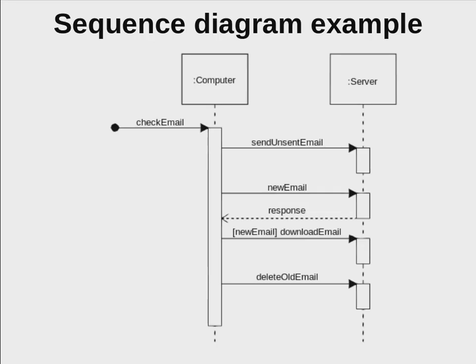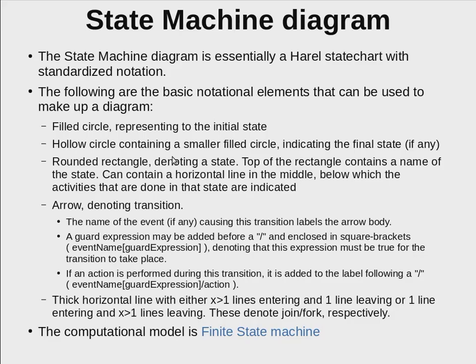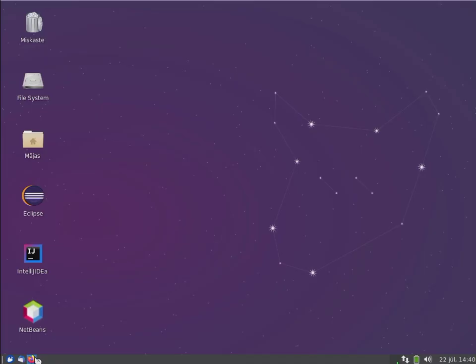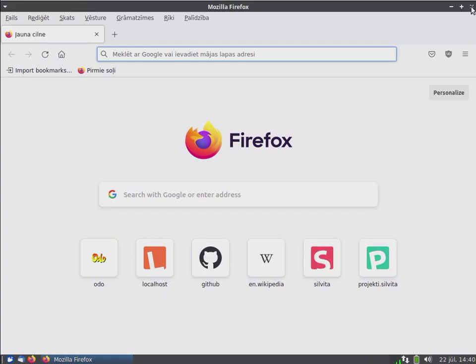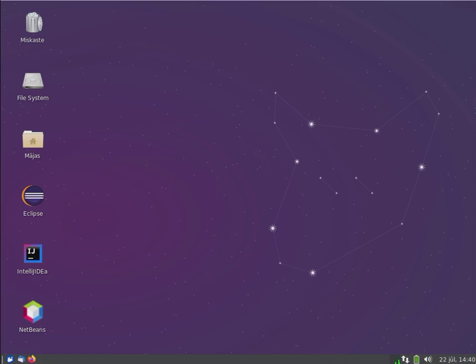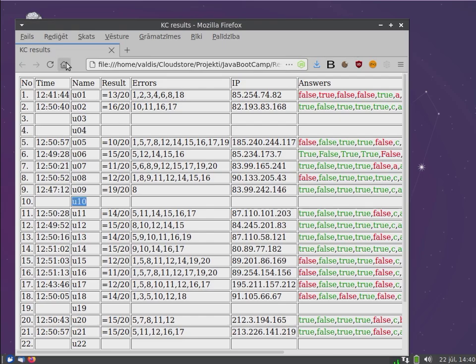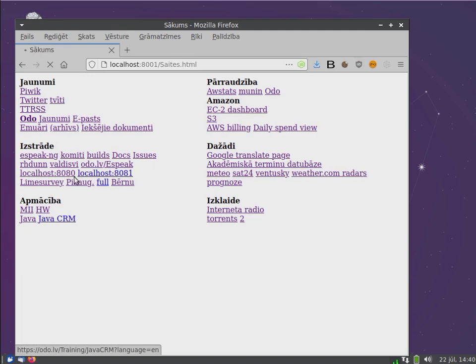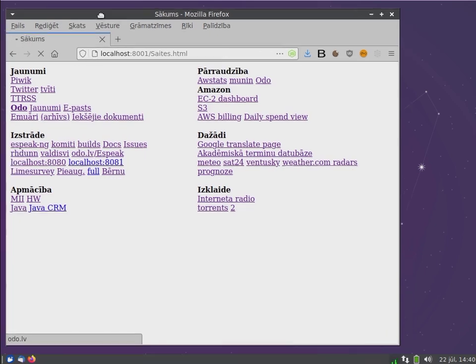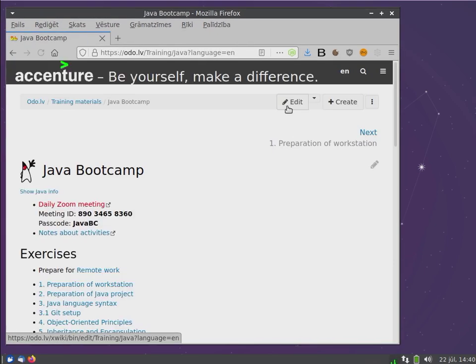And how does it look in simple web applications? So we can edit some page.